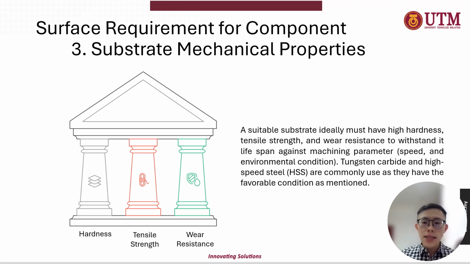A suitable substrate ideally must have high hardness, tensile strength, and wear resistance to withstand the lifespan against the machining parameters, that is the speed and the environmental condition. Tungsten carbide, WC, and also high speed steel, HSS, are commonly used and they have favorable conditions as mentioned.